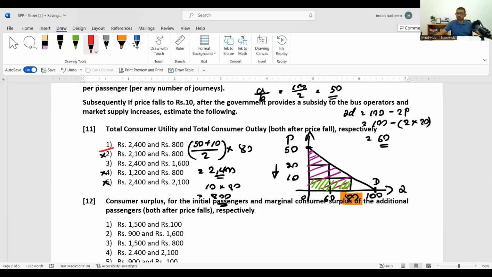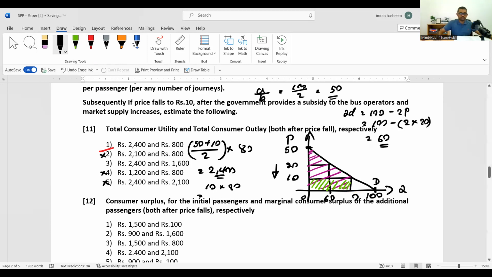Okay? Right. Then the next part, the next question, but based on the same information. Consumer surplus for the initial passengers and marginal surplus of the additional passengers, both after price falls. I'll just clear this a bit so that we can see.